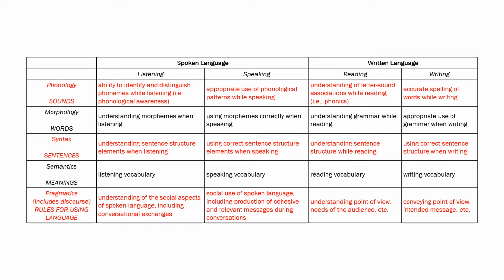When you use a figurative statement or you use hyperbole, like I'm starving, a student who has difficulty with pragmatics might come back to you and say, you're not starving. Well, that's not understanding the social aspects of listening and speaking in pragmatics.